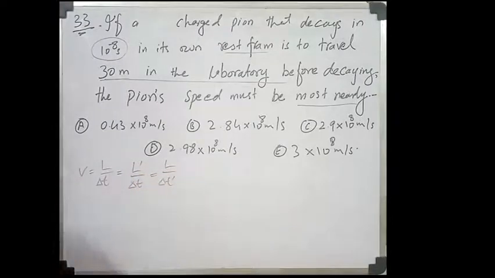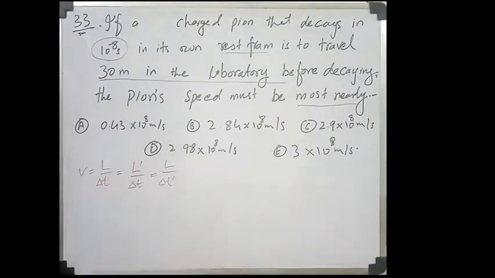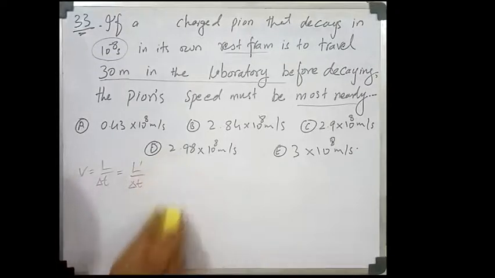We will use either the formula for length contraction or time dilation, which includes the gamma term, which is equal to 1 over the square root of 1 minus v square over c square. So in this formula we are using the term for the contraction of length.